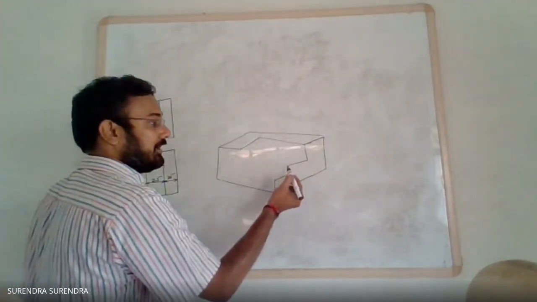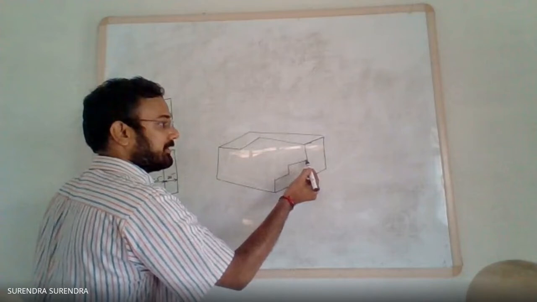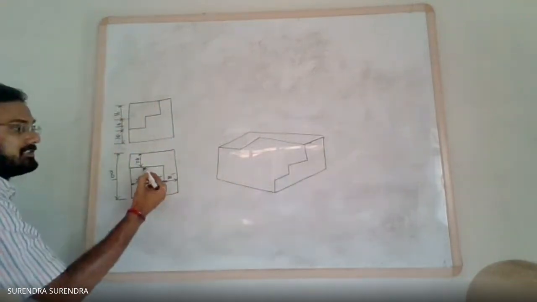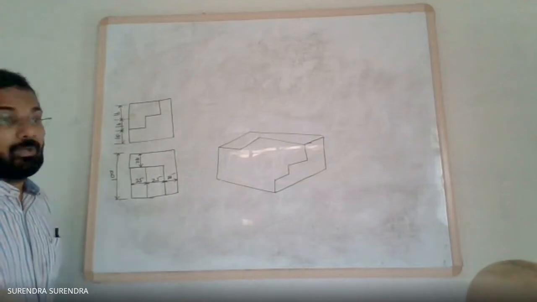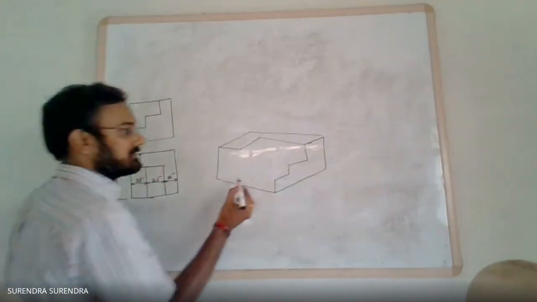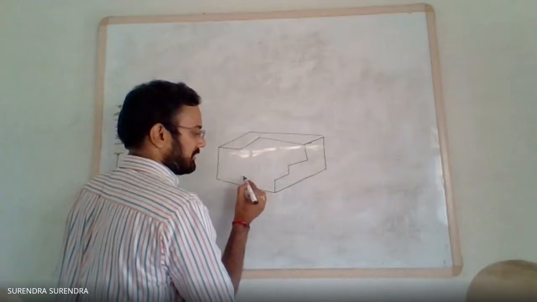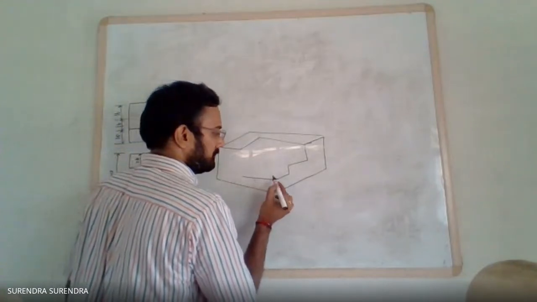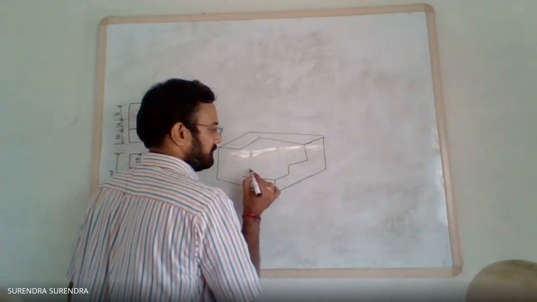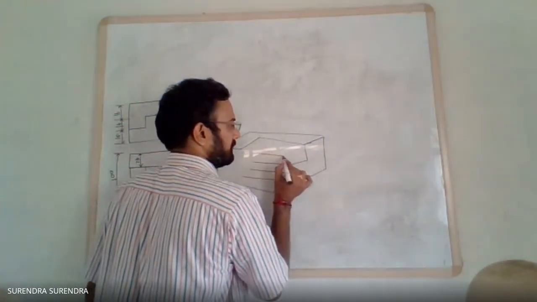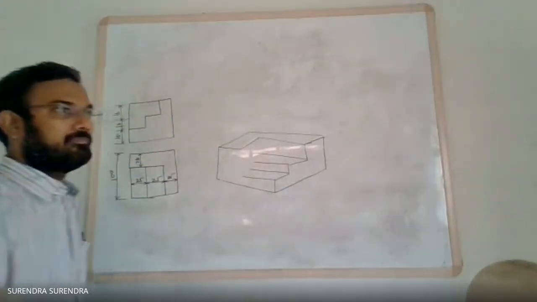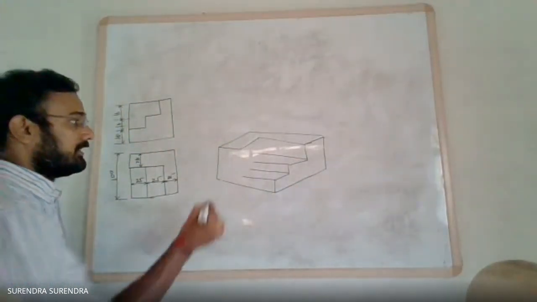From every corner, these lines are for a depth of 64 mm. Draw parallel lines, and then join these.